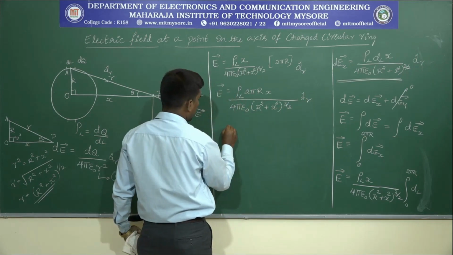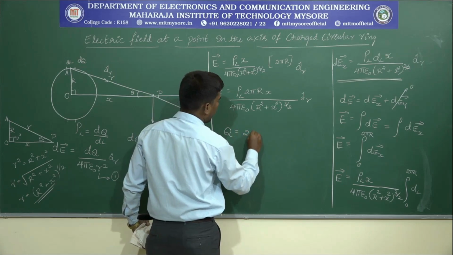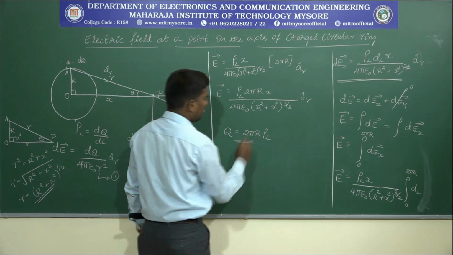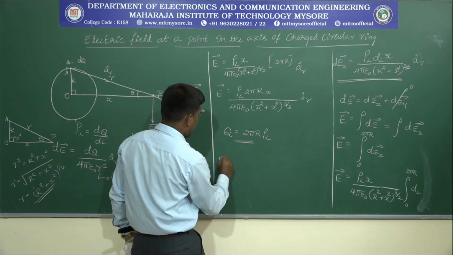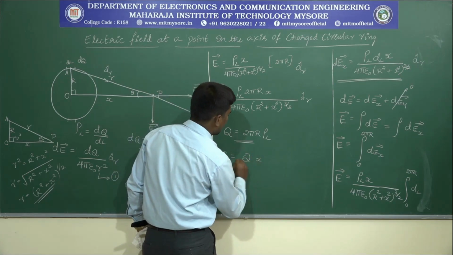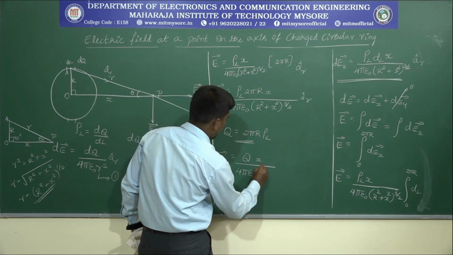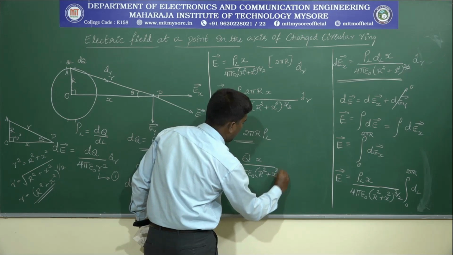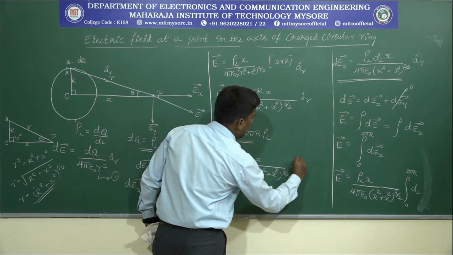We know that Q is equal to 2 pi r into rho L. Therefore, E is equal to Q into x divided by 4 pi epsilon naught into (r square plus x square) whole power 3 by 2 into a cap r.